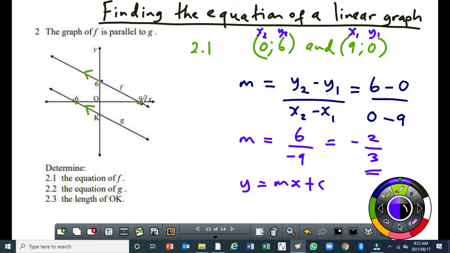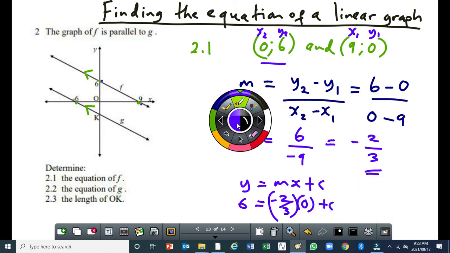We don't have another point. So if we are to find the equation using this general equation to determine c, I have to put 6 here. Where there is m, I'll put minus 2 over 3. Where there is x, I'm substituting that point, I'll put 0, so I'll get my c.